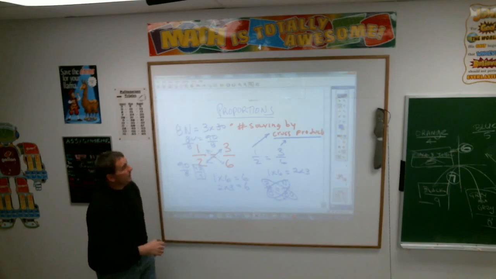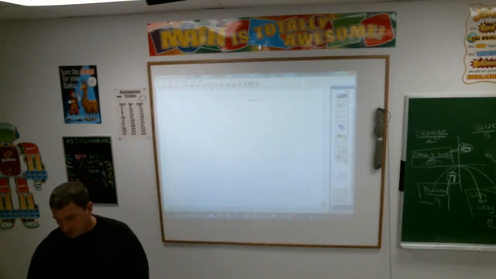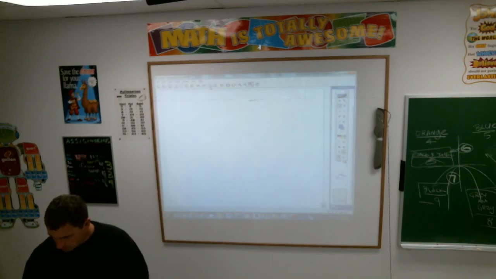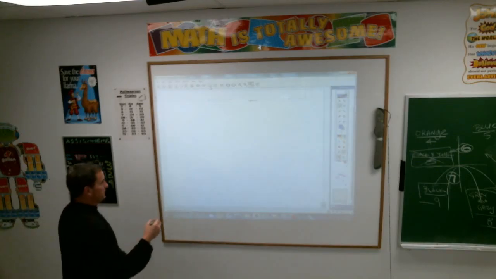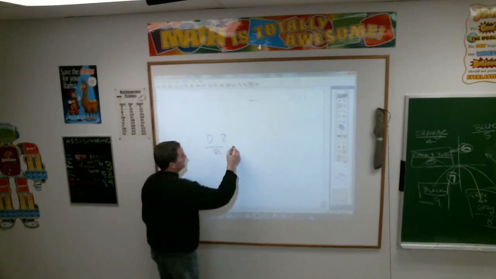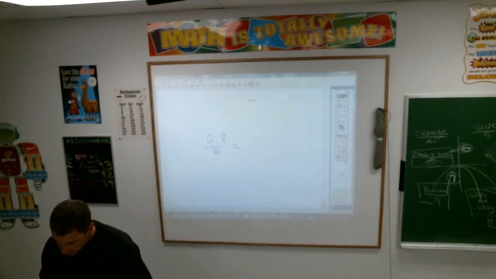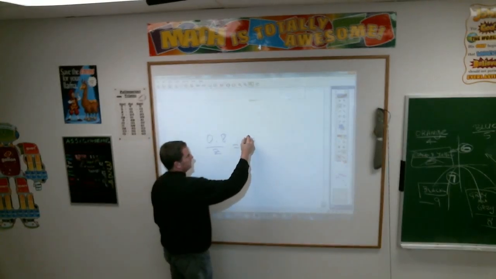So never will you tell me that you don't know how to do a problem that looks like this. Never will you tell me you can't do this: 0.8 over z equals 5 over 1.5.